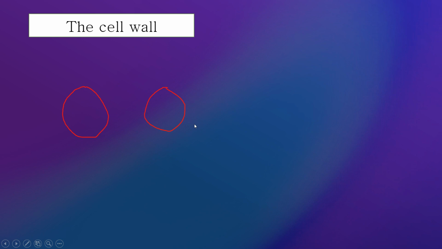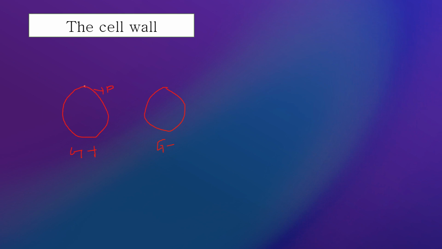Then see, this is the cell wall of gram positive and gram negative. This is the gram positive and this is the gram negative. In gram positive bacteria the cell wall is made up of what? Peptidoglycan.